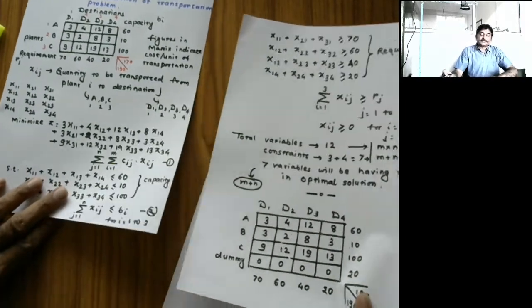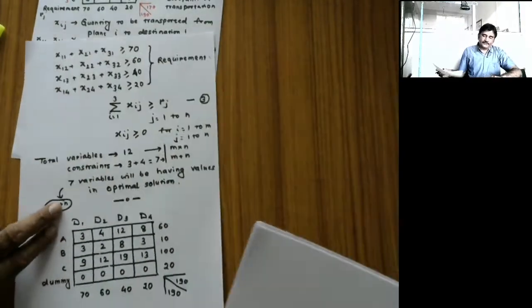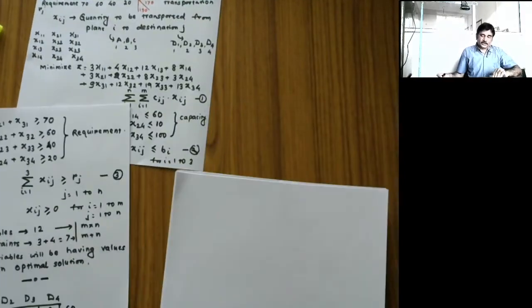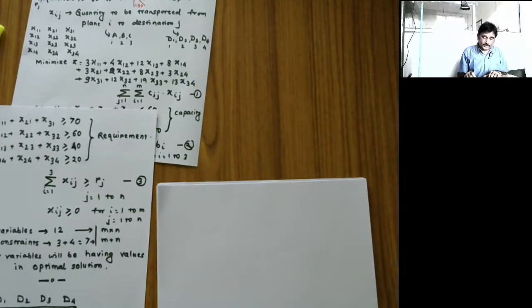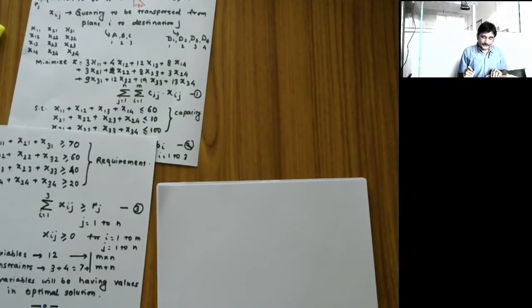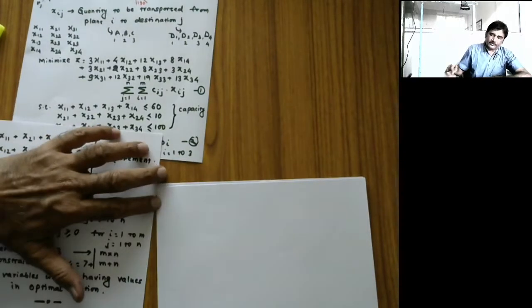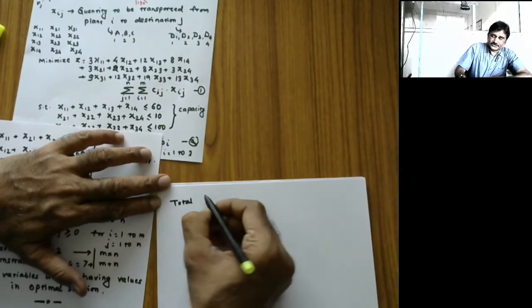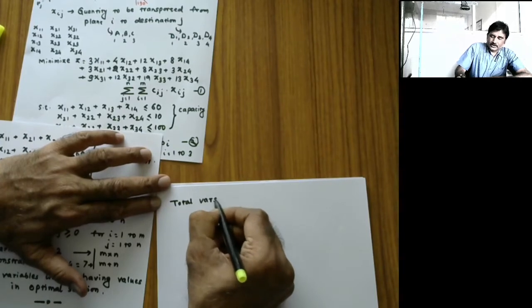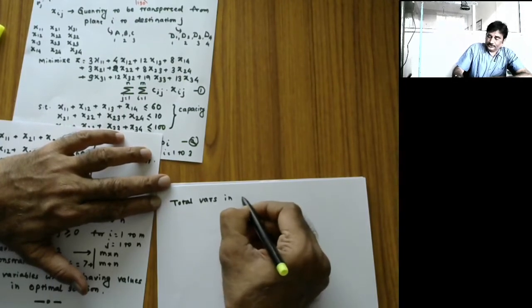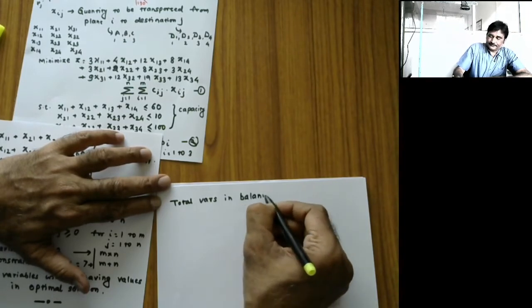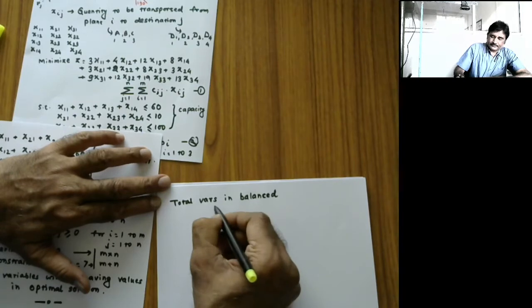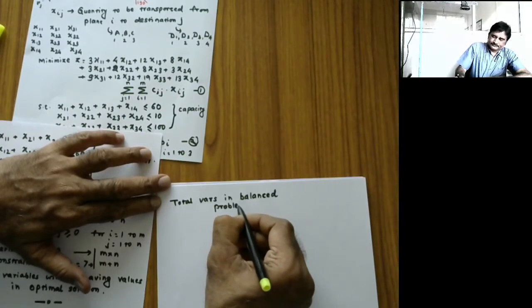All right, but still, what I'll be doing, I will be formulating this problem. While I do the formulation, just take a look at the number of variables I'll be having. Total number of variables, total vars in the new problem, in the balanced problem, I'll write, how many are they now?